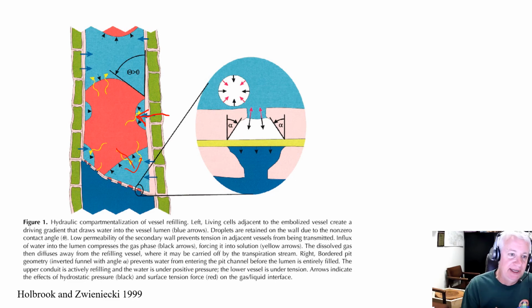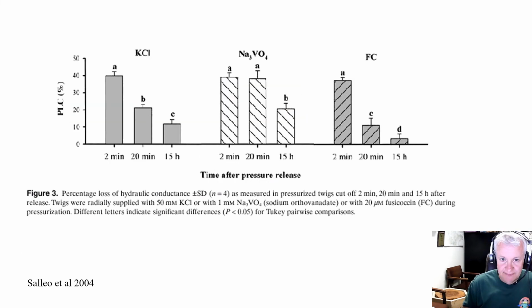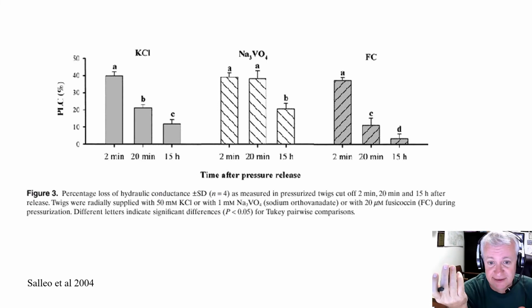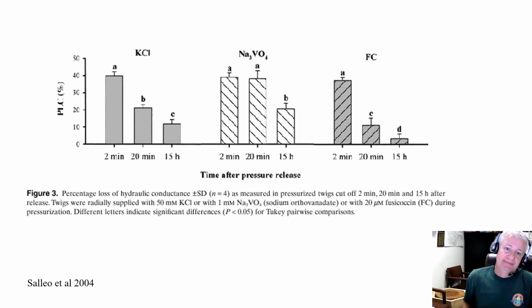And all of that would be required to refill embolized conduits. Like I said, there's evidence that refilling happens, and there's evidence that it requires active energy. So this is one example in the literature.